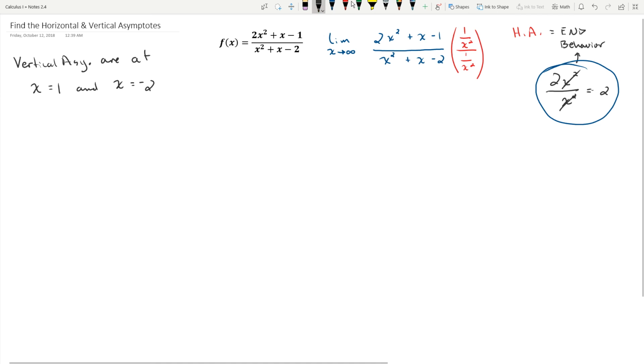And when we carry that through, we find that each term is now going to be divided by x squared. And we have to do that for the denominator. So we have each term divided by that x squared.